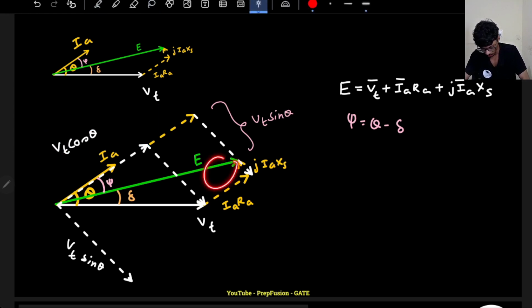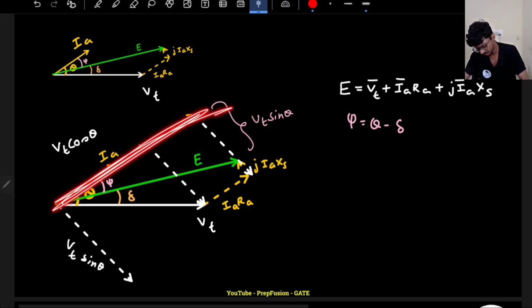Now this E also has two components. If you see, if I do E cos psi, it will be this one, right? This value.